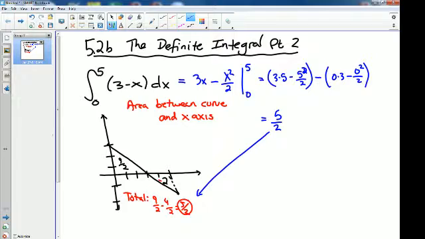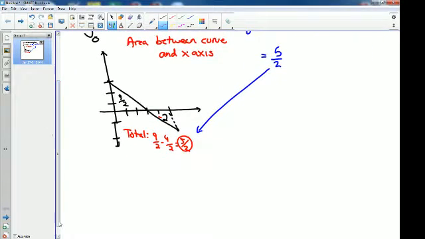Let me throw something at you then. It's not going to be an eraser, I promise. Can you calculate the absolute value? How are we going to do that? What would it look like? It's positive.